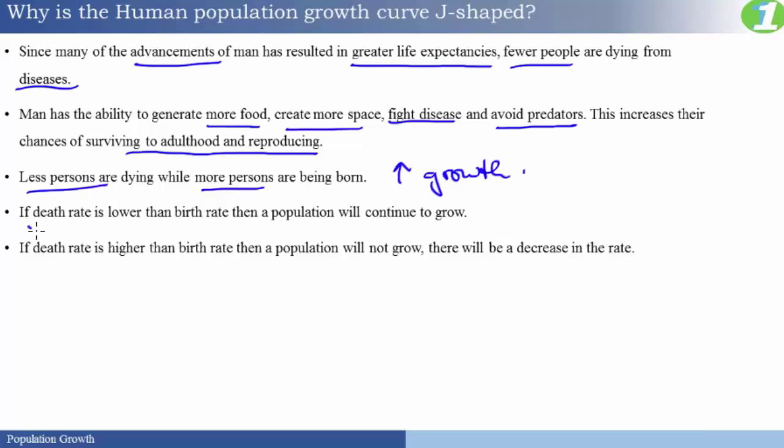If the death rate is lower than the birth rate, then the population will continue to grow. If that does not change, then growth won't decrease or become stable. If the death rate is higher than the birth rate, then a population will not grow. So there will be a decrease in growth.